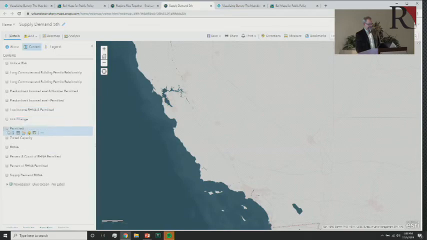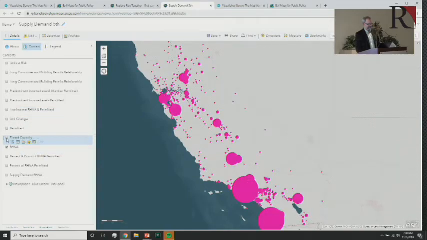But then here's the map that I heard that they didn't describe. Here is how many housing units are recommended. Here's how many are zoned. There's only a couple of communities where you see a little sliver of magenta peeking out. So only a few communities haven't zoned for what they were supposed to do.